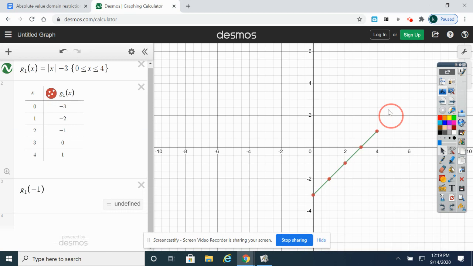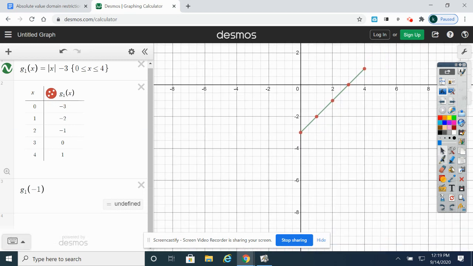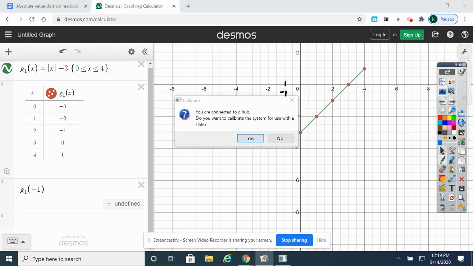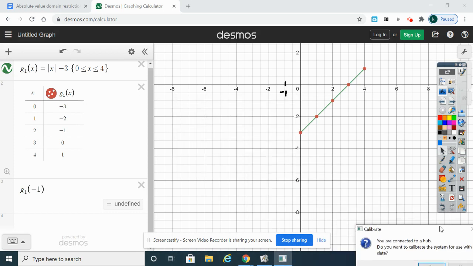Why is that? Let's pull the graph up, because here's where x is equal to -1. -1 is right here, and if you look down at the graph, the line doesn't make it there.